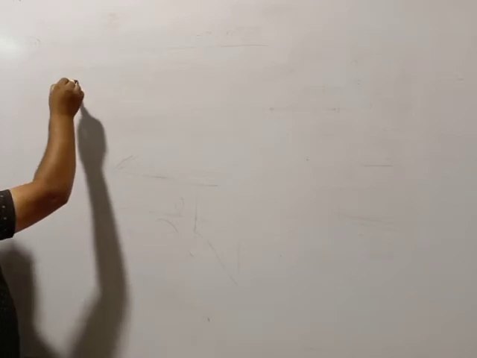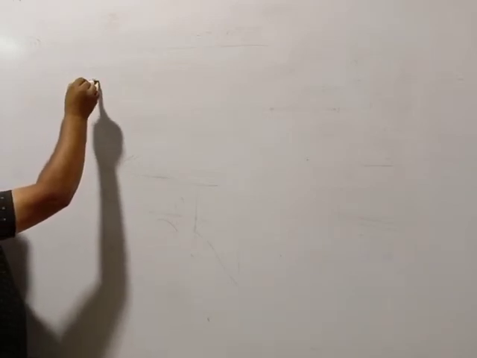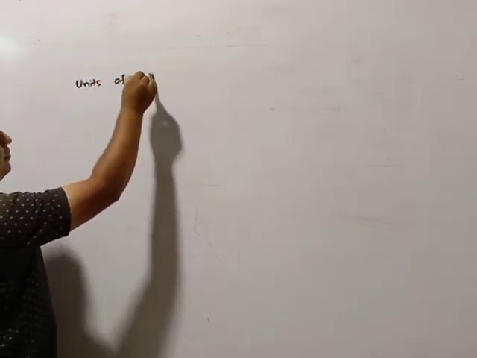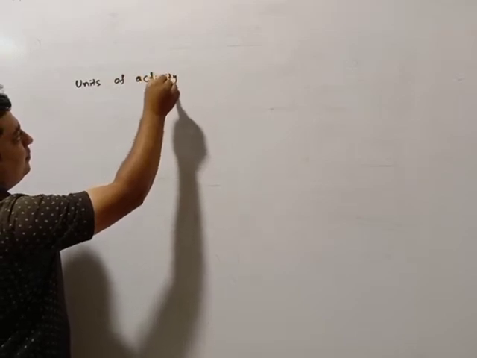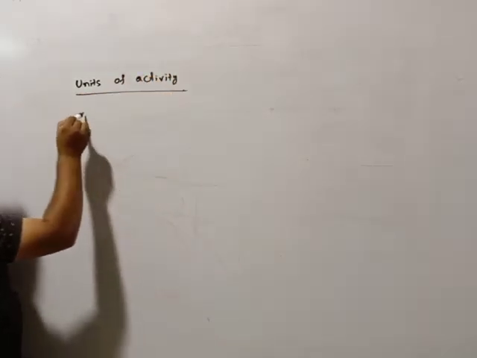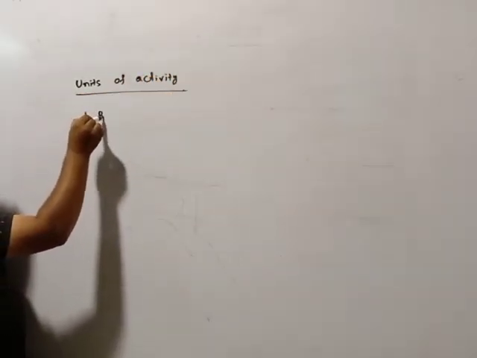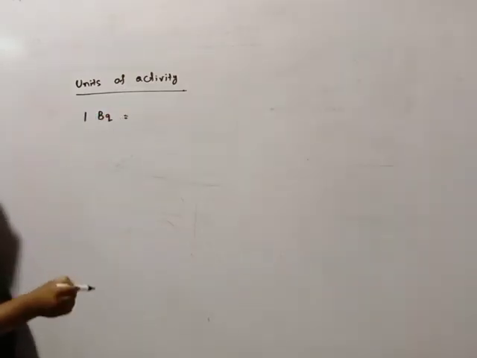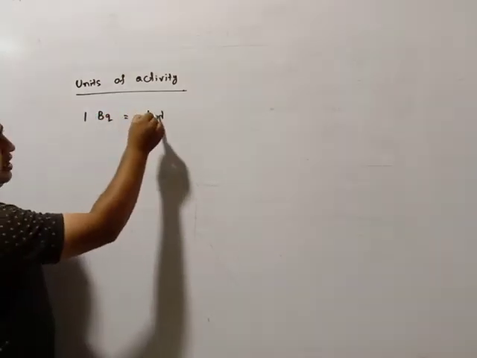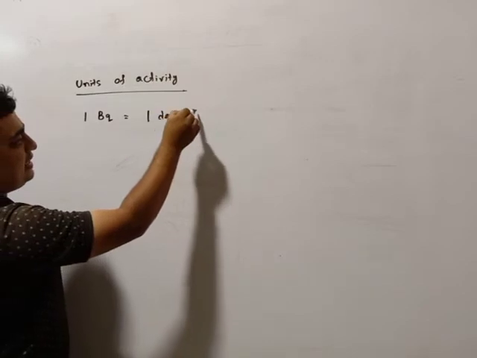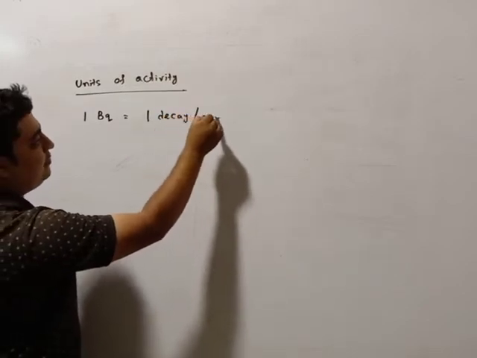Next, units of activity. The first unit is 1 becquerel. 1 becquerel is equal to 1 decay per second.